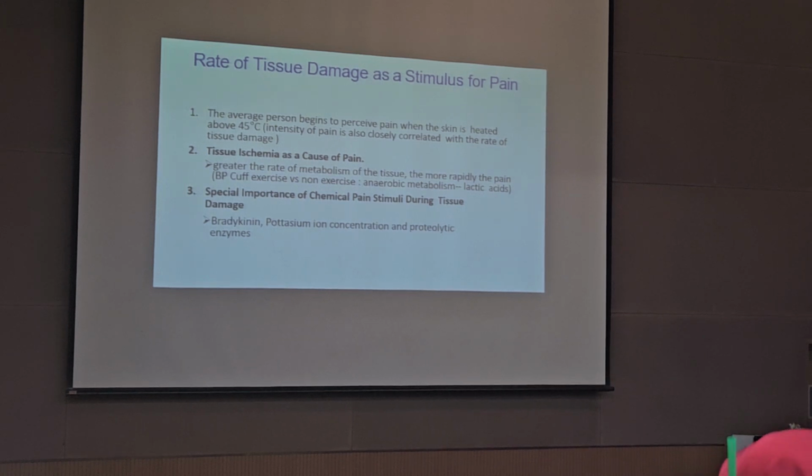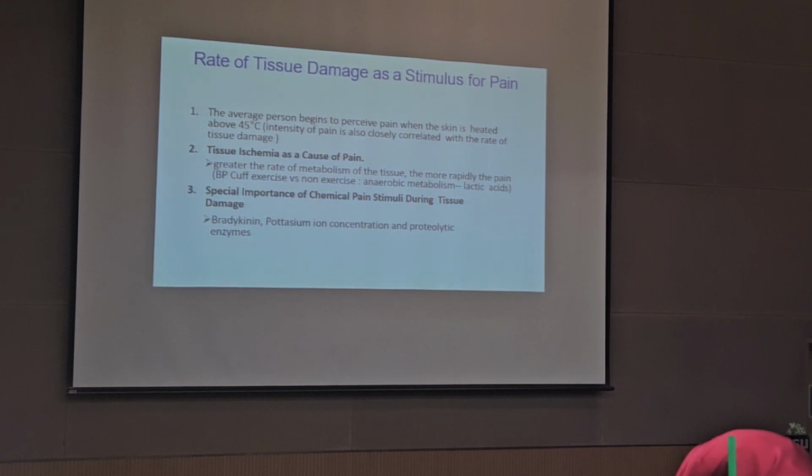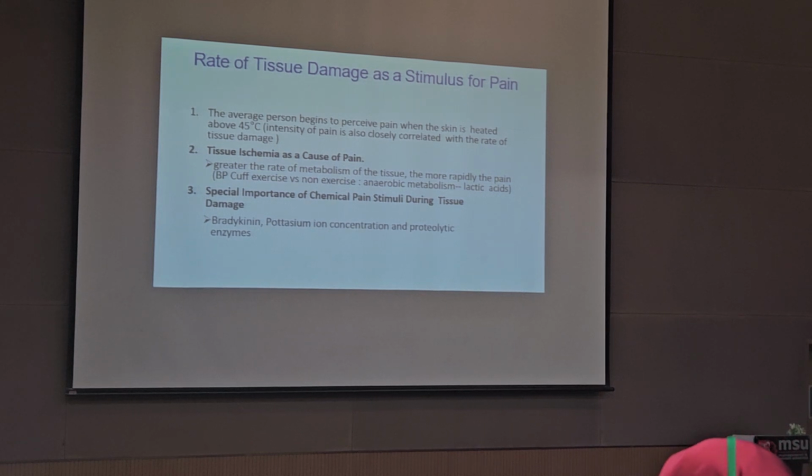Of special importance in chemical pain during tissue damage is the release of chemical mediators: bradykinin, potassium ion concentration, especially bradykinin, and also substance P. They are the pain stimulators that stimulate the pain nerve endings, the C nerve fibers, and we feel pain. Potassium ion concentration and proteolytic enzymes can also stimulate the pain nerve fibers, then we feel pain sensation.